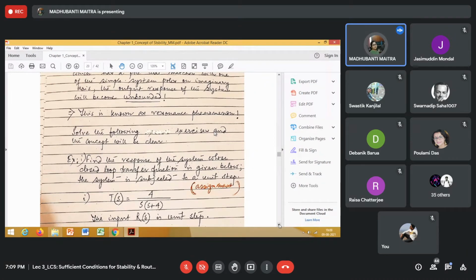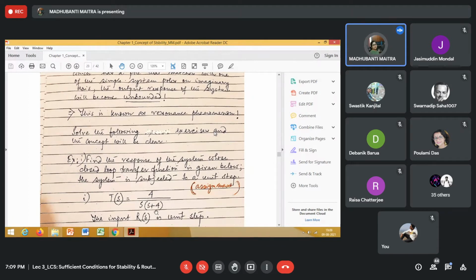That is the closed loop transfer function of the system.